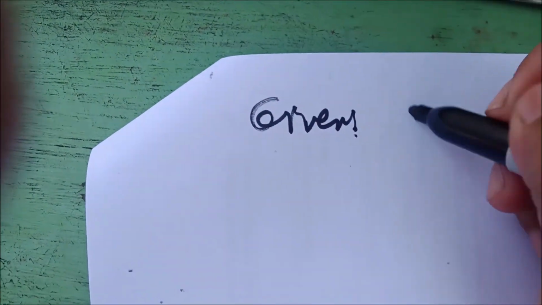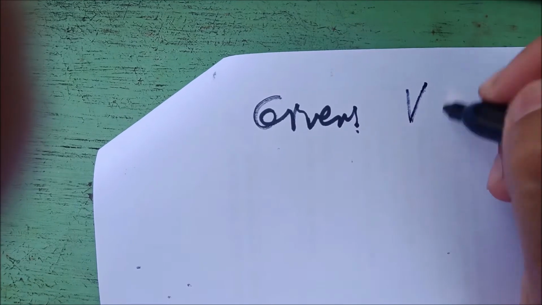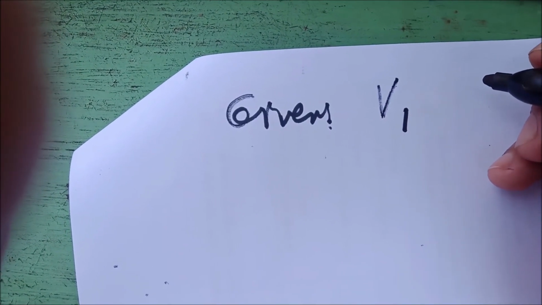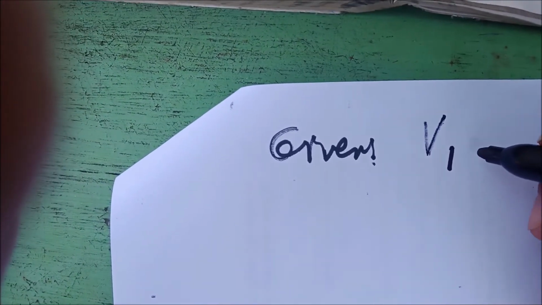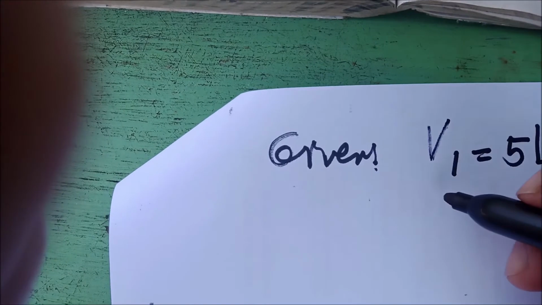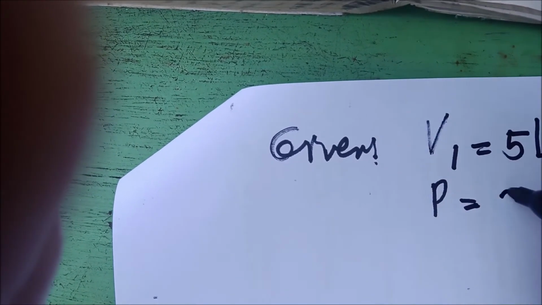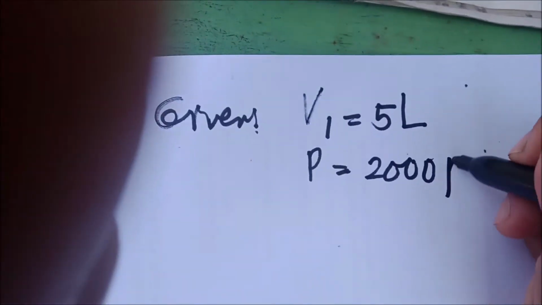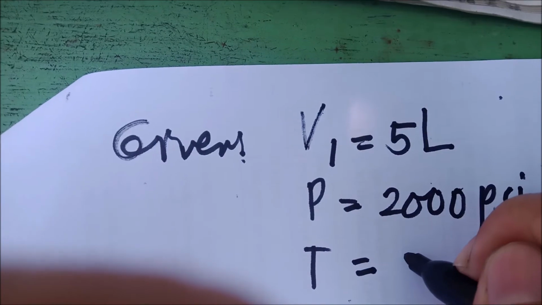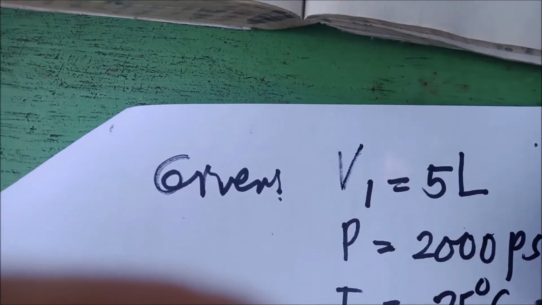Our initial conditions: the first volume of the oxygen gas in the tank is 5 liters, at pressure 2000 psi, at temperature 25 degrees Celsius.